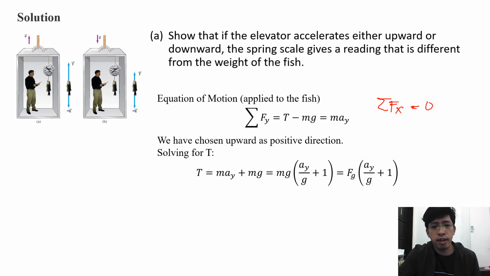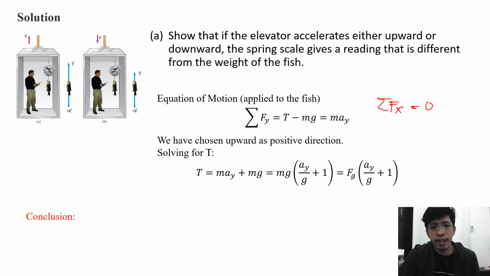And since mg is just your force due to gravity, we replace it with Fg times (ay over g plus 1). So that is the tension in your weighing scale, or on your spring balance.